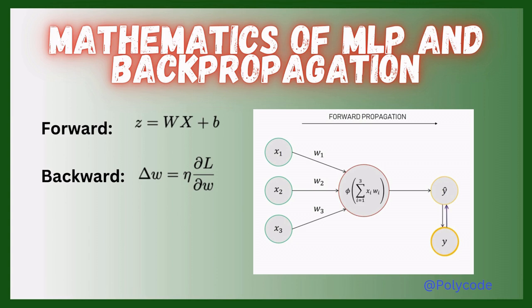After the forward pass, we compute the loss, the difference between the predicted output and the actual target. The network then adjusts its weights using backpropagation, which involves computing the gradient of the loss for each weight and updating them using an optimizer. You can carefully watch the dynamic picture in the lower right corner.